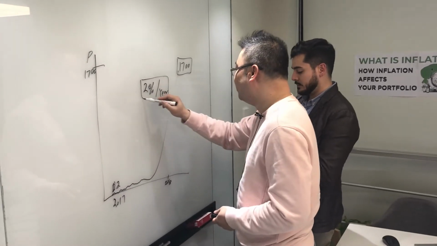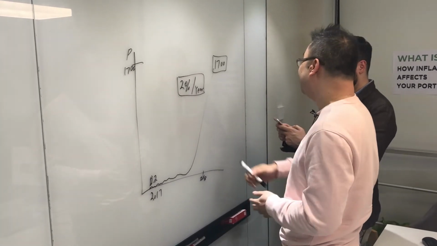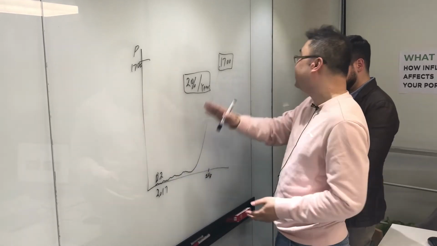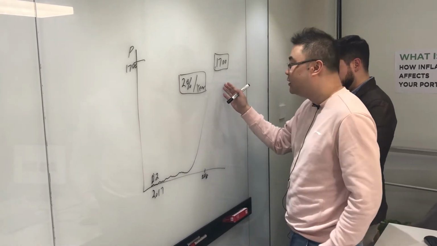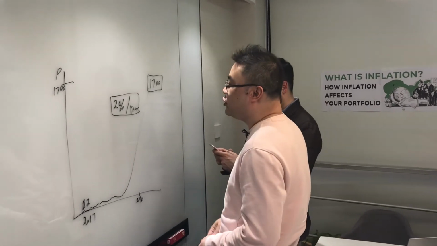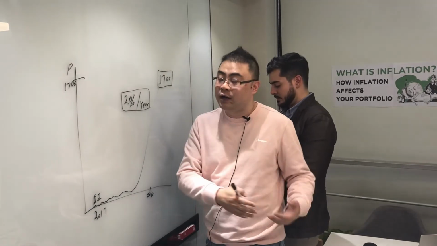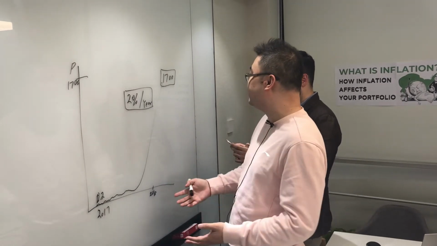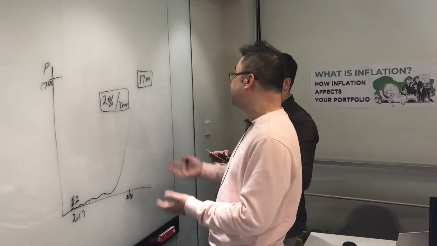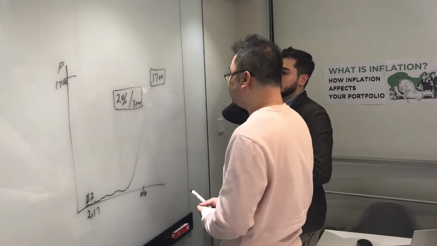But going from 20 cents to 1,700 in only one year is called a crash, hyperinflation. If you watched our previous video, you can see how bad Venezuela's inflation is, and their currency, and also their exchange rate.